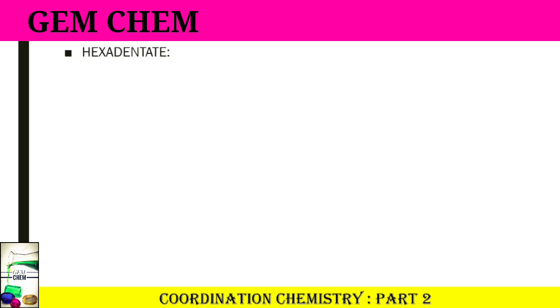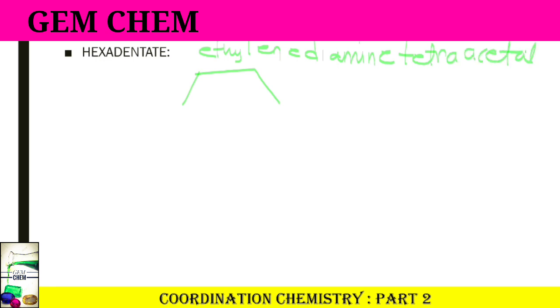So first example which is very important is ethylene diamine tetraacetate, right? So here we have nitrogen, and here we have the other bondings, C double bond O, OH.